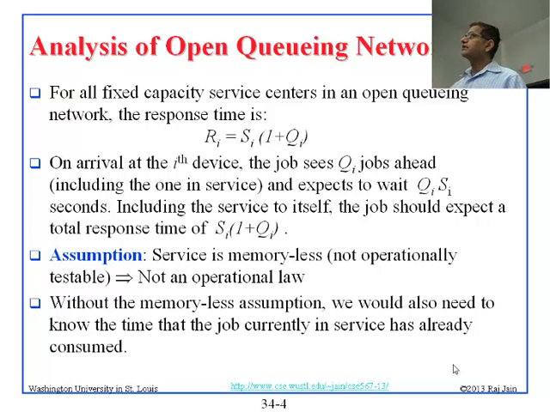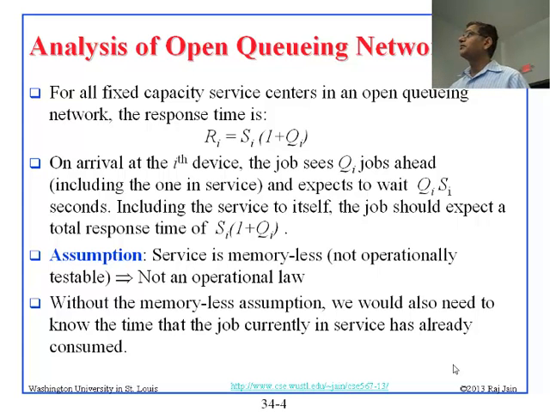This particular thing that we wrote down is what the authors of MVA wrote down, and it is very well used. But it assumes lots of things which cannot be tested. One of the things about the operational laws was that you can test them. The test was very simple, just input equal to output, and we didn't assume anything else.